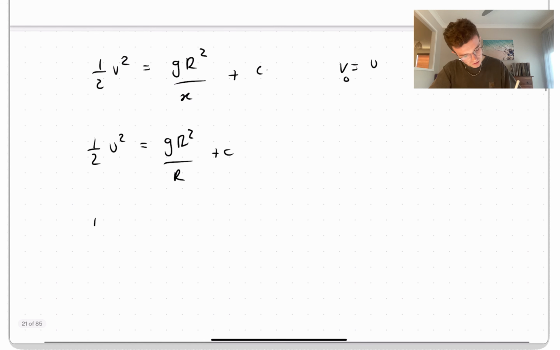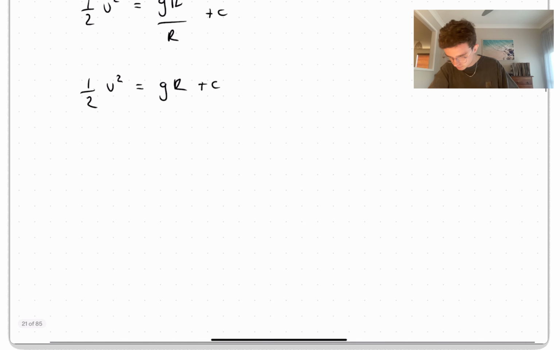So a half u squared is equal to gr plus c, which means that c is equal to a half u squared minus gr.